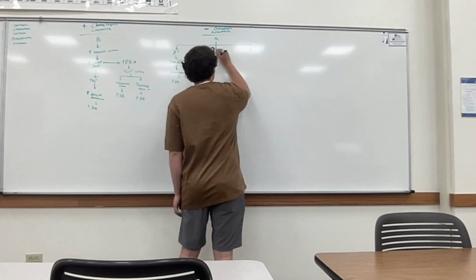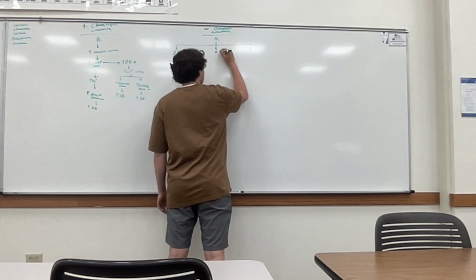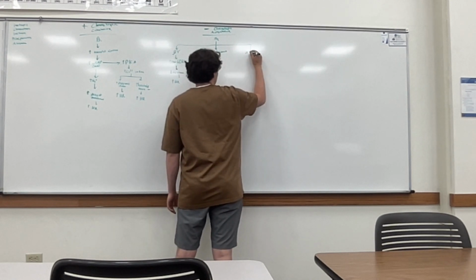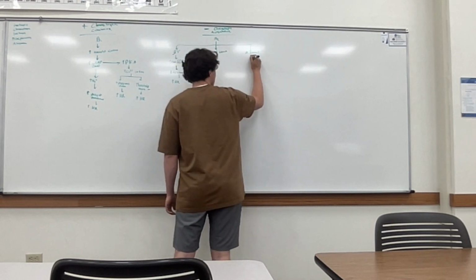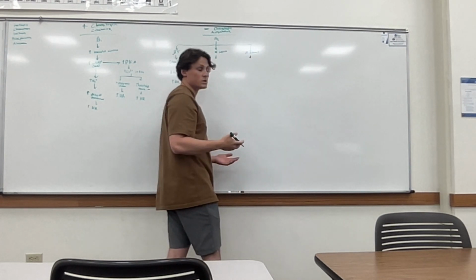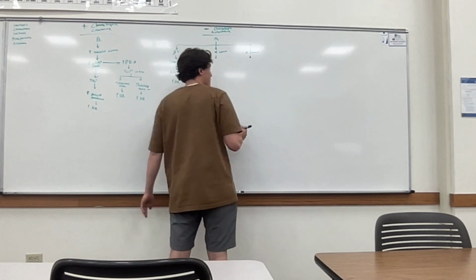The other way, these next 2 ways revolve around the alpha subunit. And they both are going to be stimulating a decrease in our cyclic AMP.